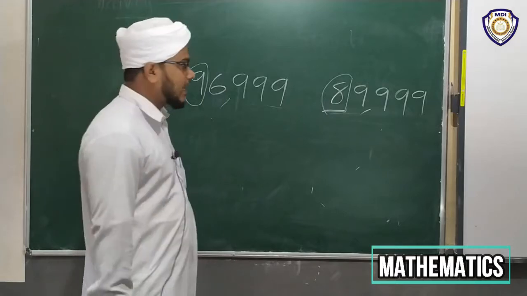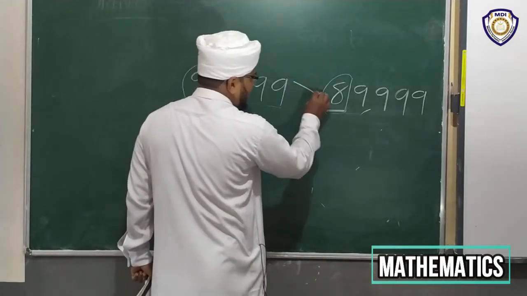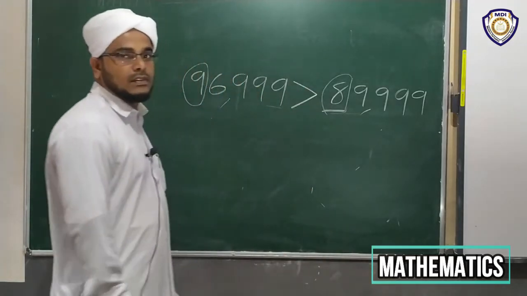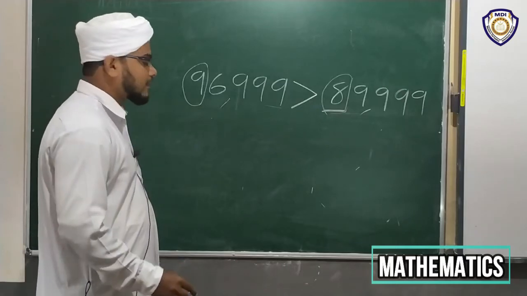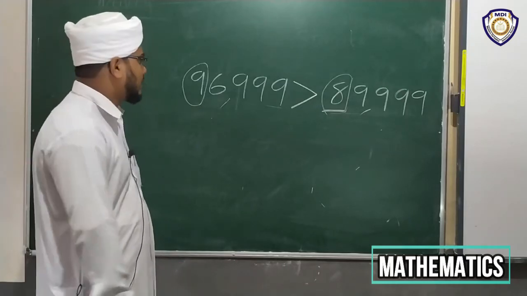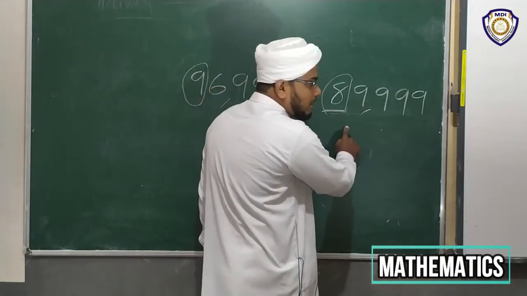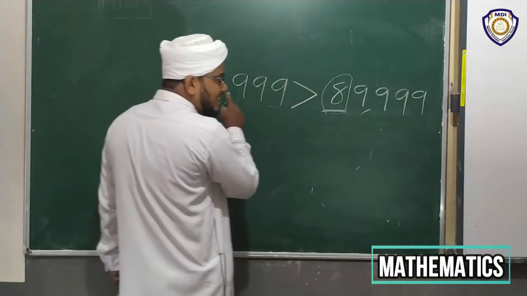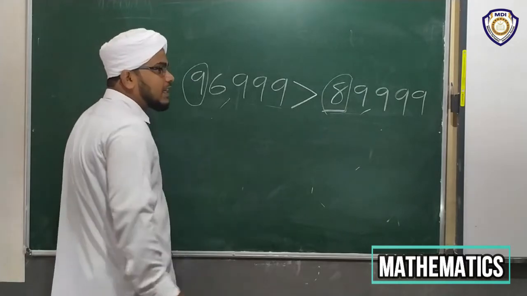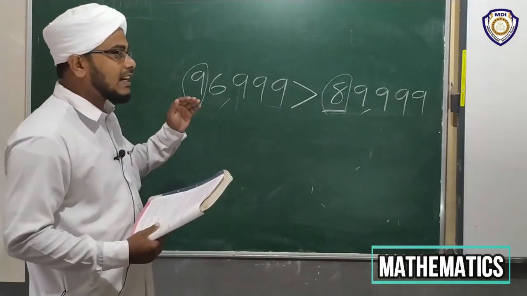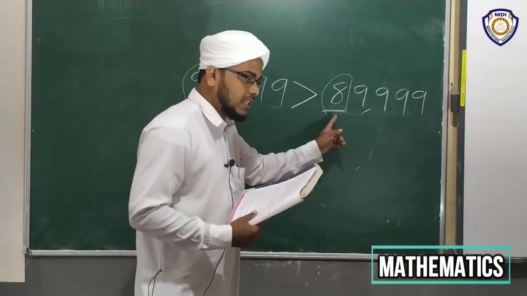This is the second rule. Then we use this sign. Did you understand? When the digits of both numbers are the same, we find out which is larger from the left.